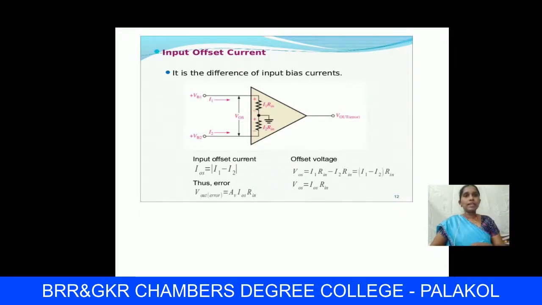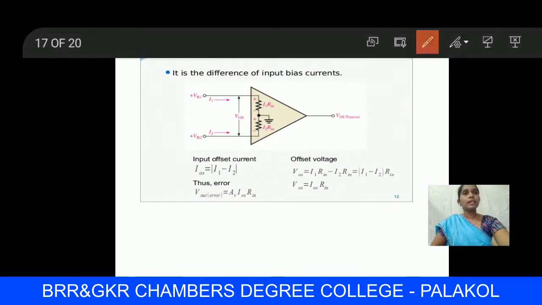Offset current is nothing but the difference between the two input currents. Here this is one current, I1, and this is another current, I2. So the output is Vout equal to I1 minus I2 into some input resistance.